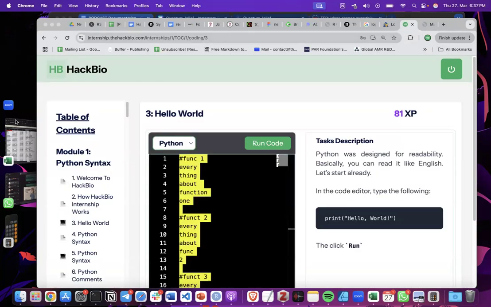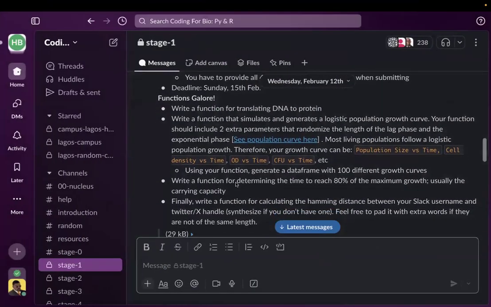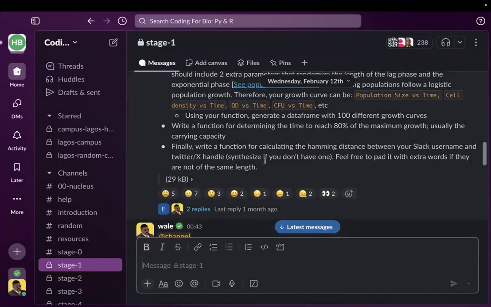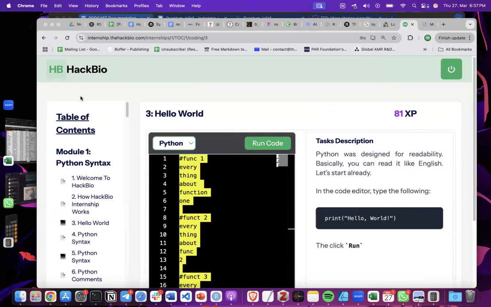Yes, sir, it's clearer now. Perfect. What else? Okay, I think every other thing you guys were able to fix. Any other questions? Let me stop sharing.